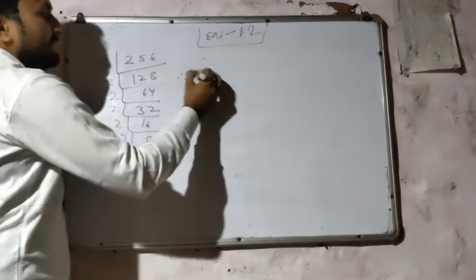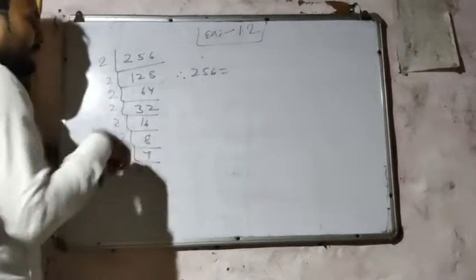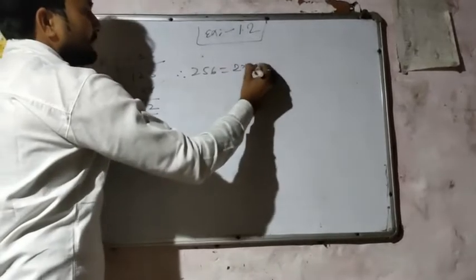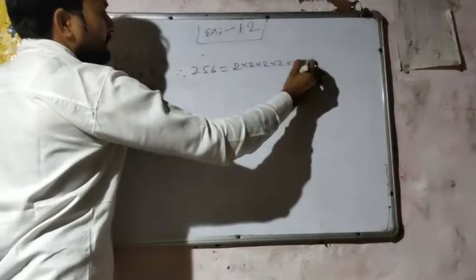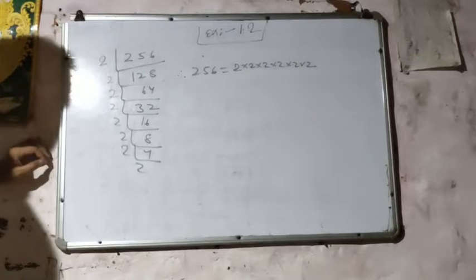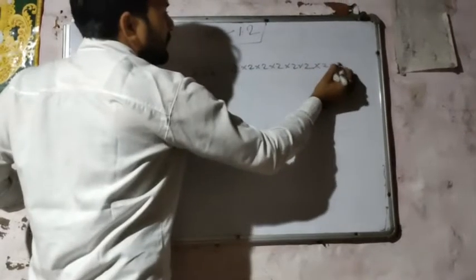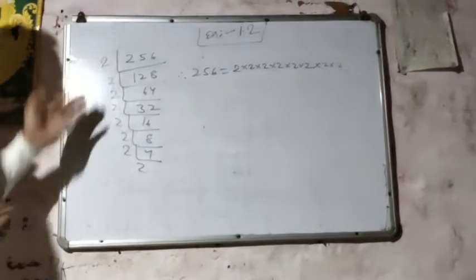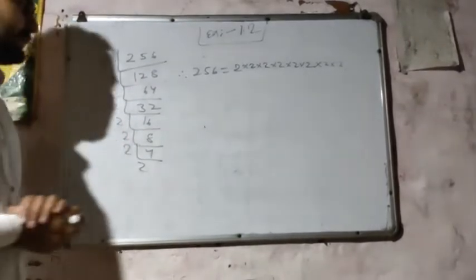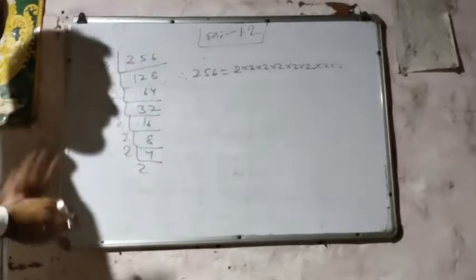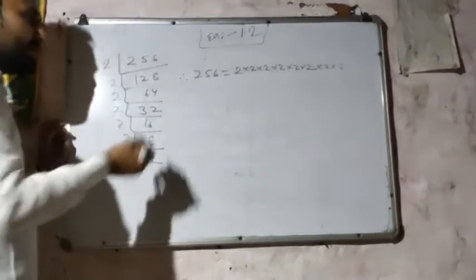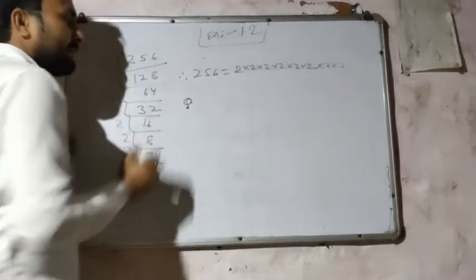Now we can write 256 as the product of these. So this is the way we try to factorize any number. On the other hand, there are different types of questions also here.